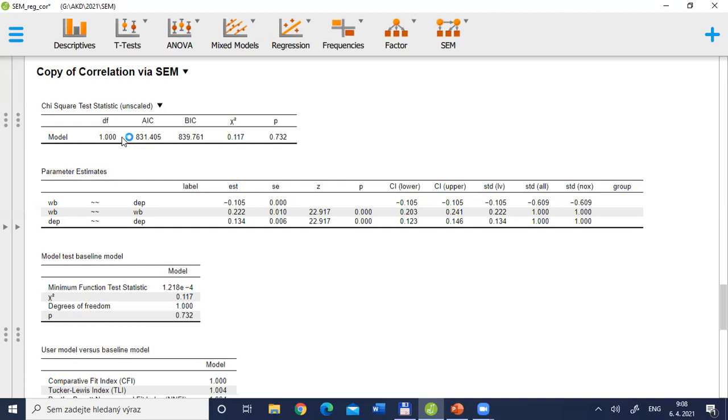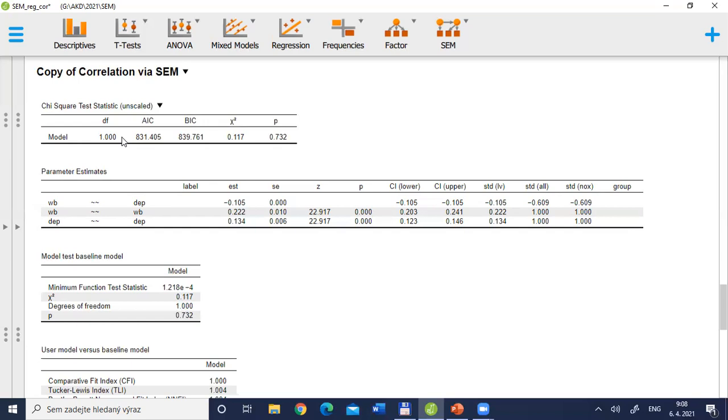That can be a very, very simple interpretation, or in other words, maybe statistically more correct, this null hypothesis says that the covariance or correlation matrix based on my data is nearly the same as the covariance or correlation matrix designed by my model. So it means that my model fits my data. This is the meaning of null hypothesis.